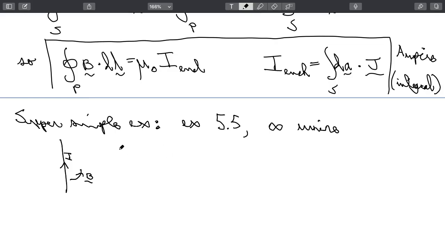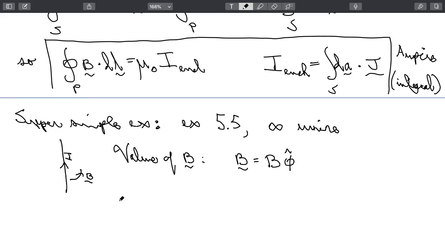To compute the value of B, the field itself is going to be some amplitude with the phi hat vector, which is just a unit vector going around these polar coordinates in this plane. So what do I get?